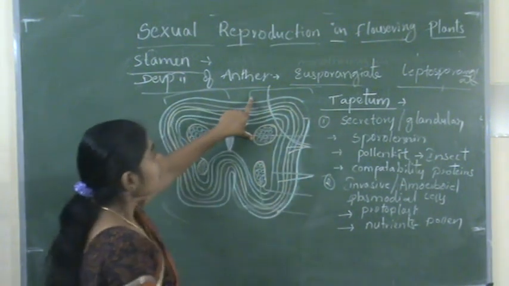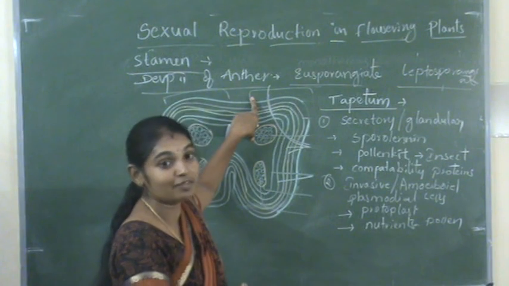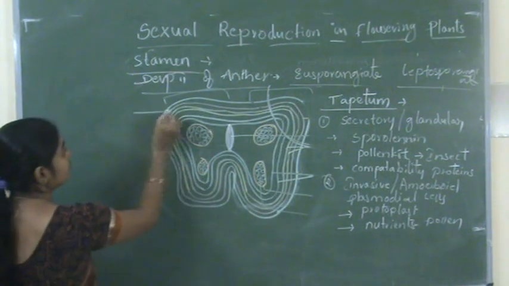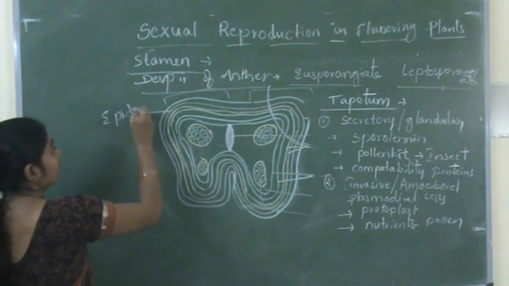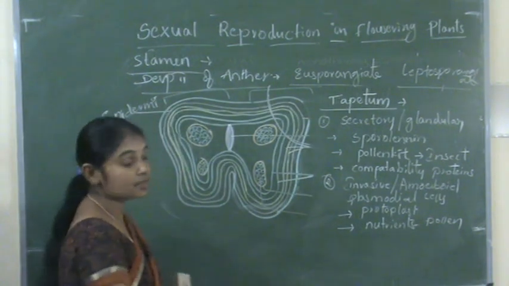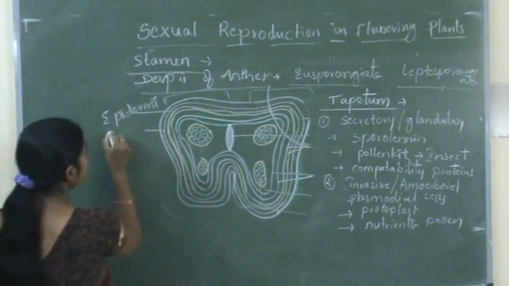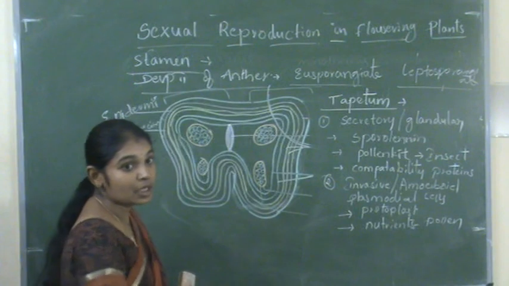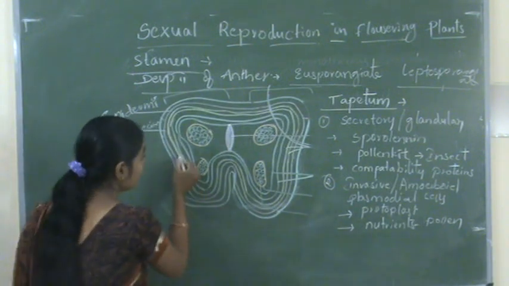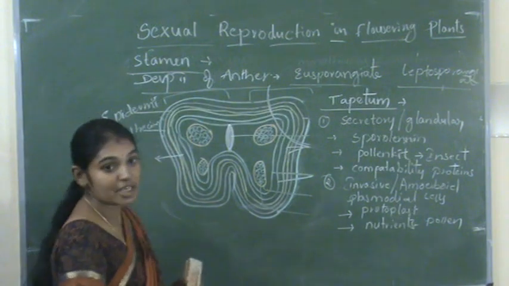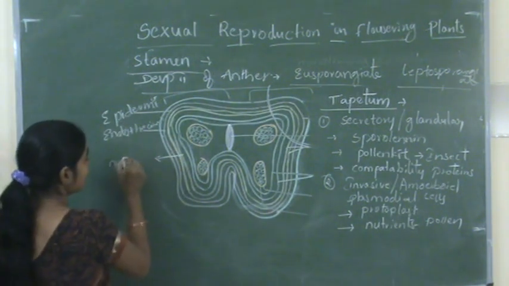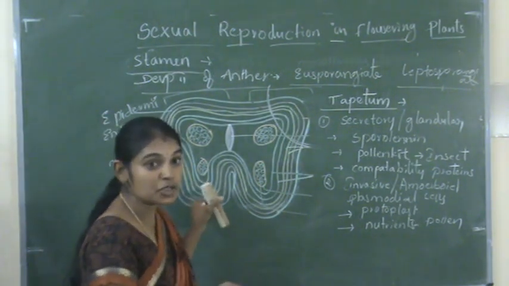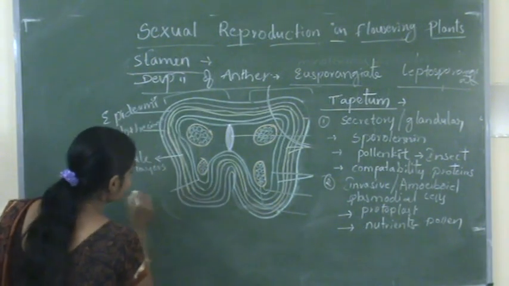So the anther wall is made up of 4 layers. One is the epidermis, the second one is the endothecium, and inner to the endothecium there are 1 to 6 middle layers, and the innermost layer of the anther wall is the tapetum.